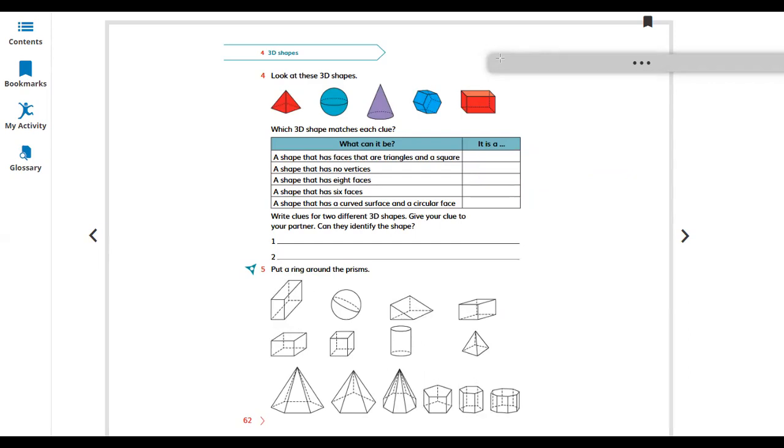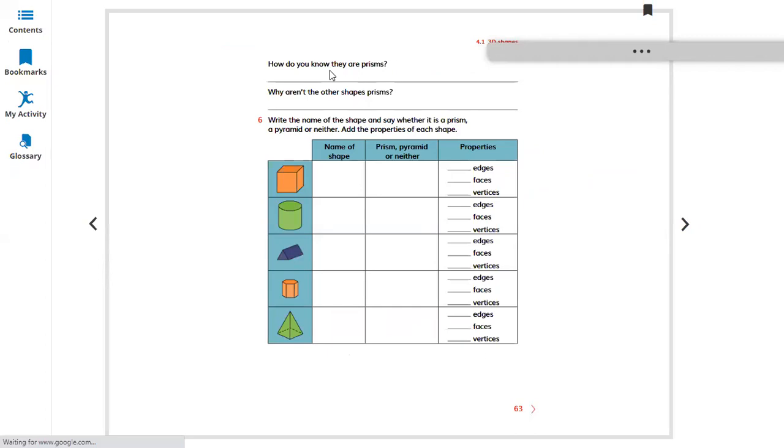Let's move to the next page. Page number 63. How do you know they are prisms? Because a prism has two ends that are the same shape and size.